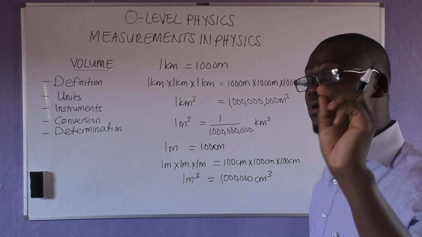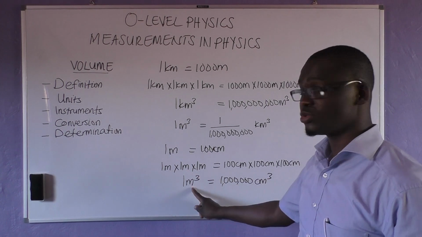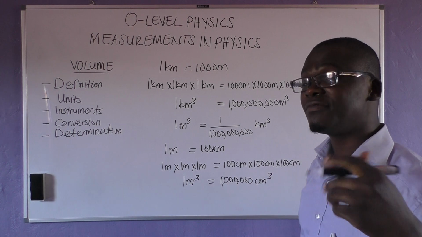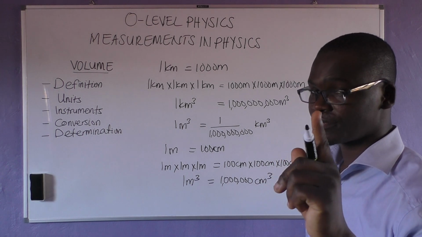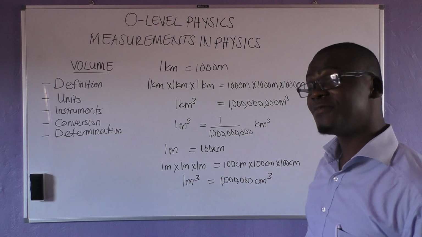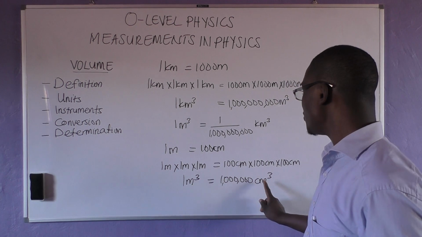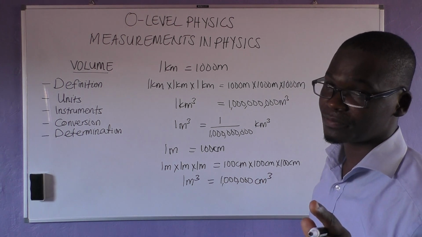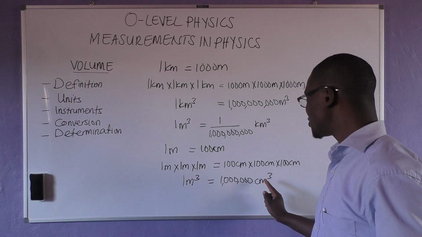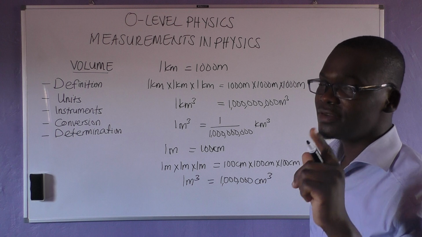What if I'm to convert from centimeter cubed to meter cubed? I'll divide my values by 1 million. Remember, the principle is when I'm converting from bigger units to smaller units, I multiply, and when I'm converting from smaller units to bigger units, I divide.